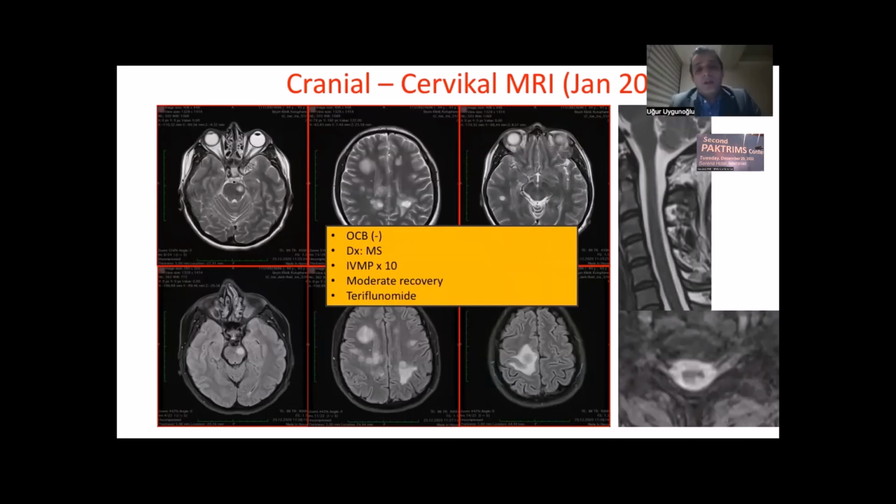But when we look at the patient's age, the relapse type, and moderate recovery from relapses, and add the MRI prognostic features such as brainstem lesion, spinal cord lesion, and contrast enhancing lesion, we don't feel very comfortable for the future with less effective drugs.